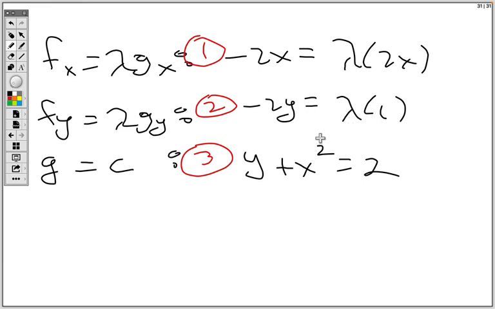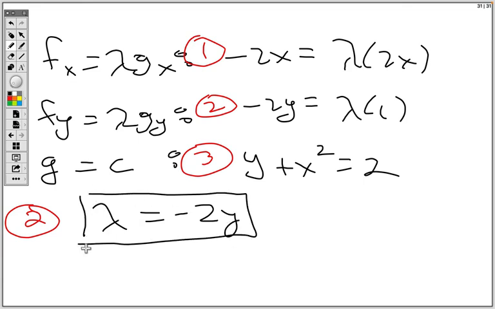All right, now we're just going to pick one to work with. If you look at equation 2, we've got lambda in terms of y already, so that's nice. I mean, that's a freebie. Lambda is minus 2y. So I can now plug that into equation 1 and equation 3. Well, there's no lambda in equation 3, but I can plug this into equation 1 now.